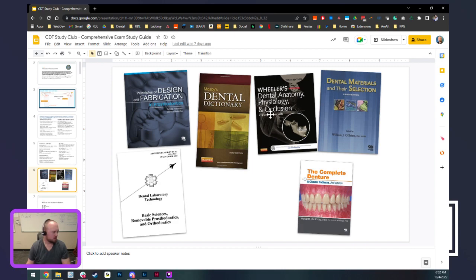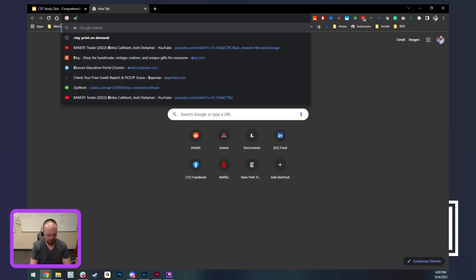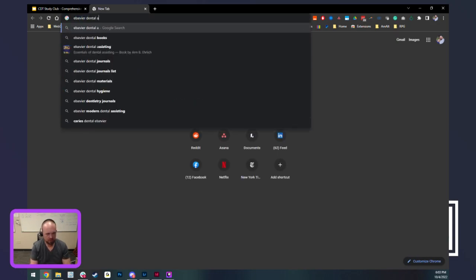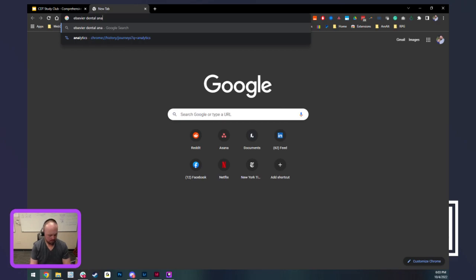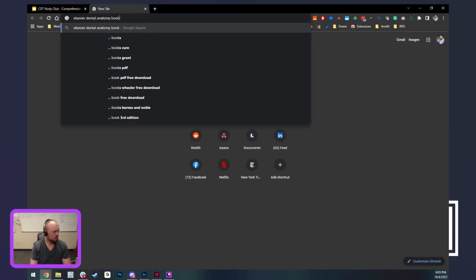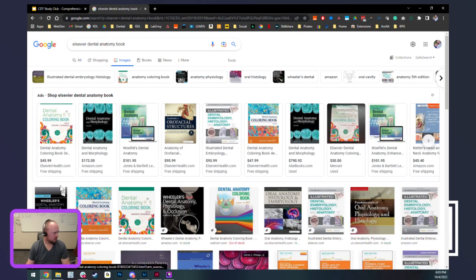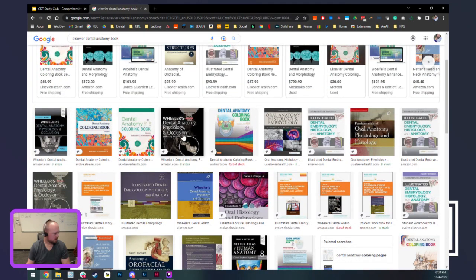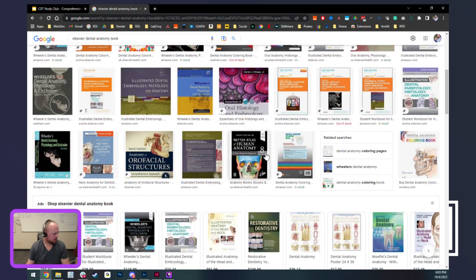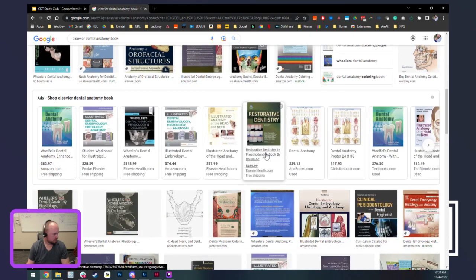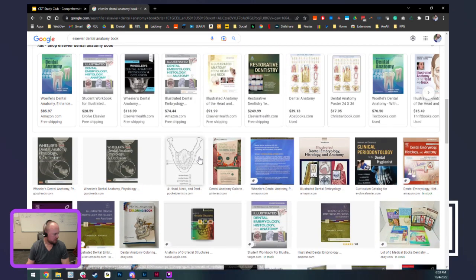So there's Wheeler's Dental Anatomy, and also the Elsevier. Let me just pull that up and put that in. So Elsevier Dental Anatomy, where is that book?